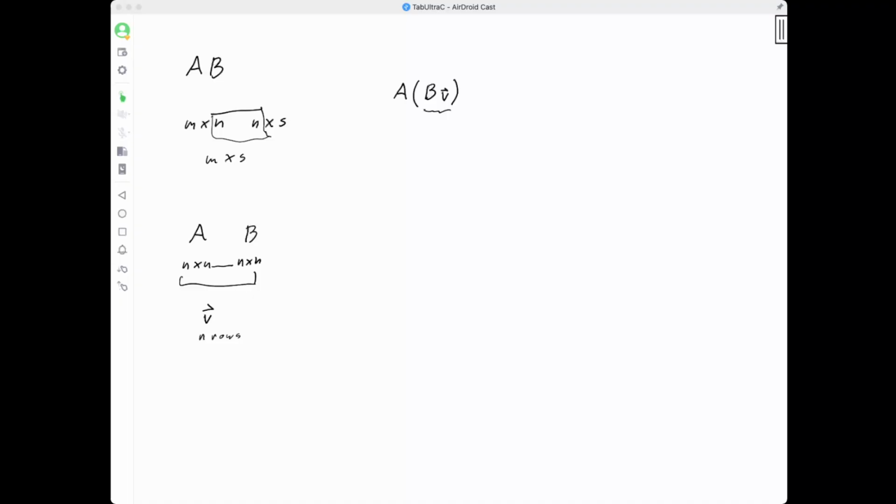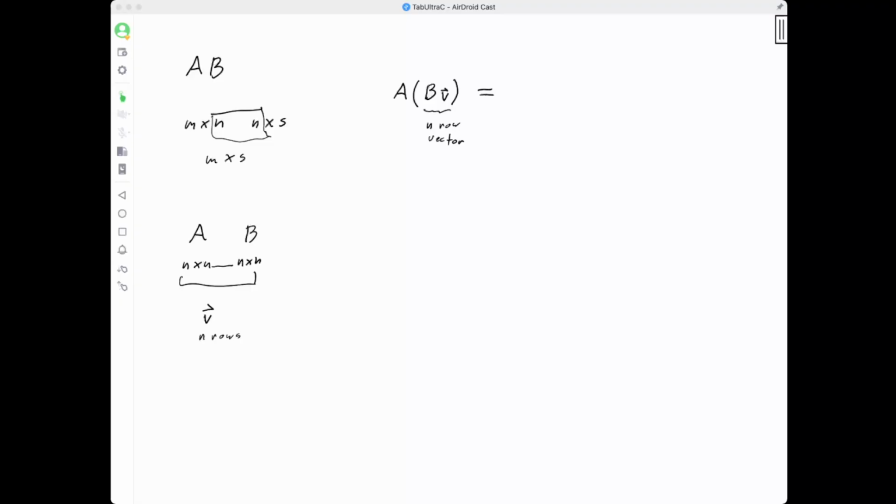This B times V is an n row vector, because once I multiply that B times V, I get a vector. And then I can multiply A times an n row vector, the n row vector BV, to get another n row vector.